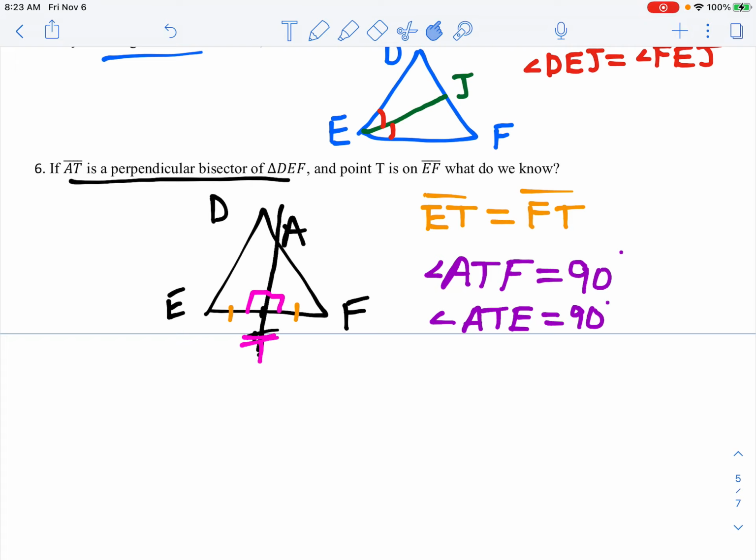Altitude forms one thing, 90-degree angles. Median forms one thing, two equal parts of a line. And the last is angle bisector. It splits the angle into two equal angles. All right, we will begin practicing some of these, and then tomorrow we'll look at solving these when they give us an equation and a certain definition.